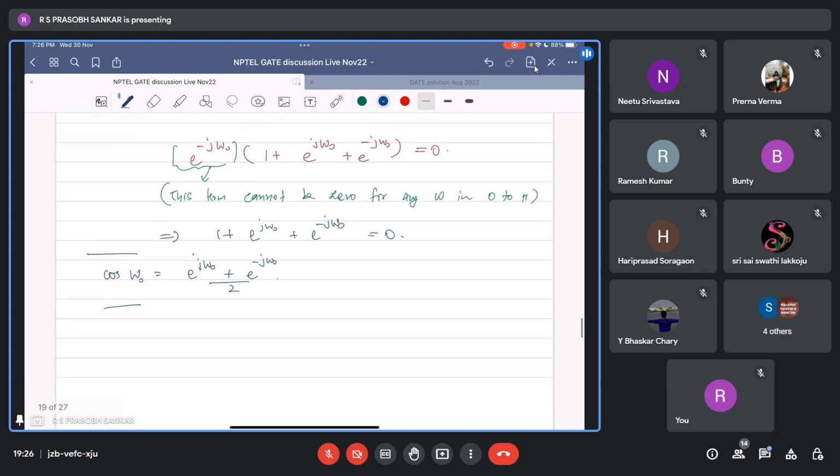Using this, we have 1 plus 2 cos omega naught is 0, or cos omega naught equal to minus half. Now, omega naught is in the range 0 to pi. Cos omega naught is minus half means omega naught equal to 120 degrees, that is equal to 2 pi by 3.